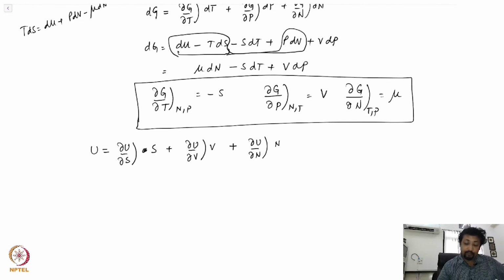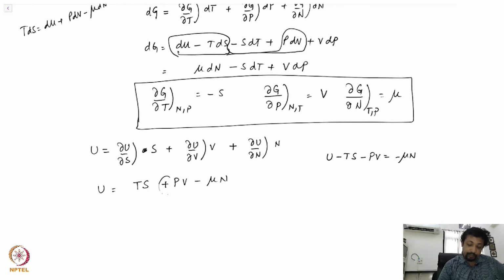This was the Euler relation. So we knew that U is equal to TS, and then del U del V is going to be plus PV minus mu N. So it follows that U minus TS minus PV is minus mu N.